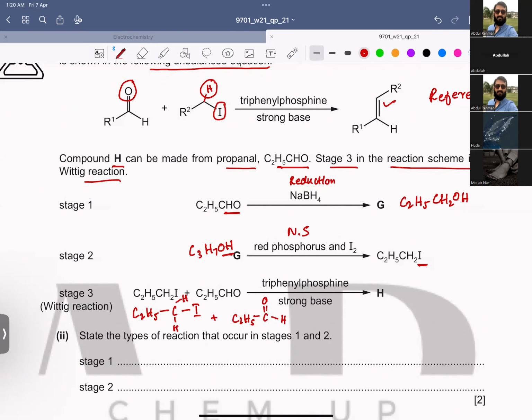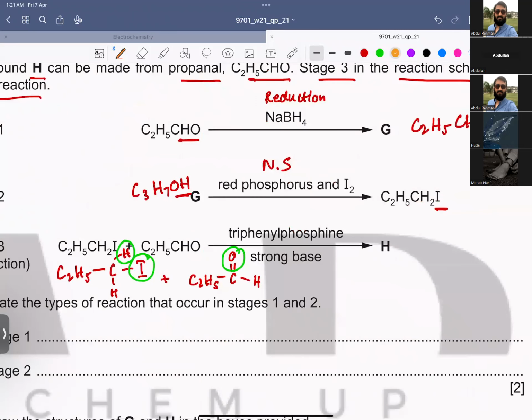So from the above information, what we can conclude is that O is being removed from here, I is being removed from here, and from the same carbon one H is being removed from here. So if all of these are removed, see what would be left?